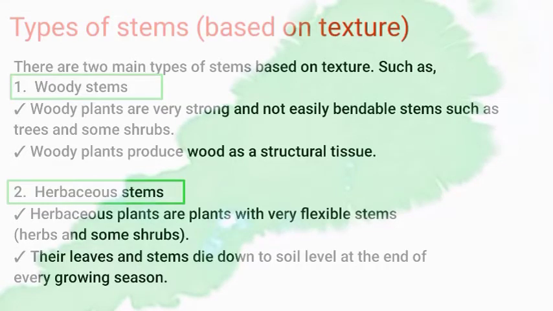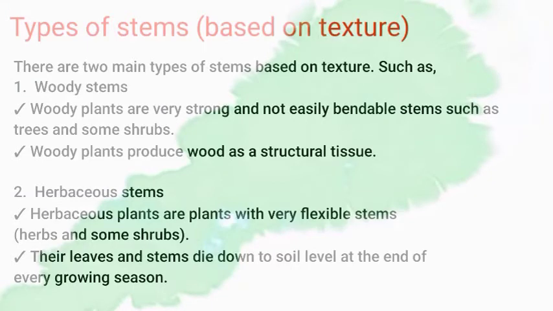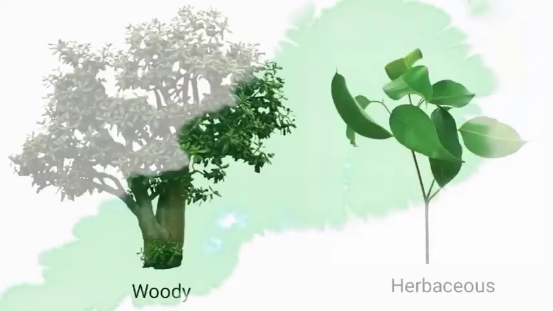These woody plants produce wood as structural tissue. Herbaceous stems. Herbaceous plants are plants with very flexible stems, present in herbs and some shrubs. Their leaves and stems die down to soil level at the end of every growing season. Let's see the diagrammatic representation of woody stem and herbaceous stem.